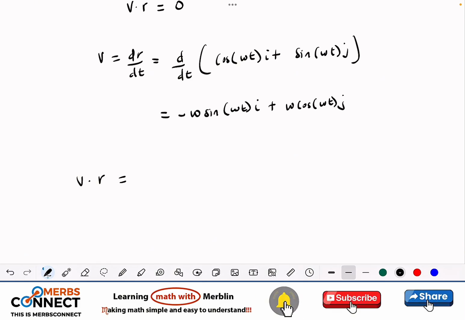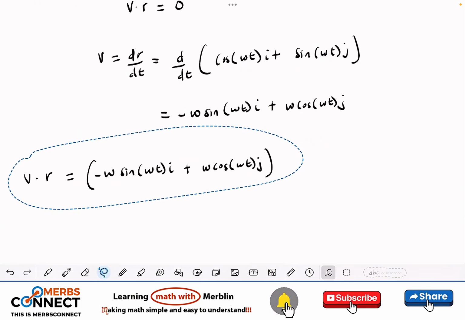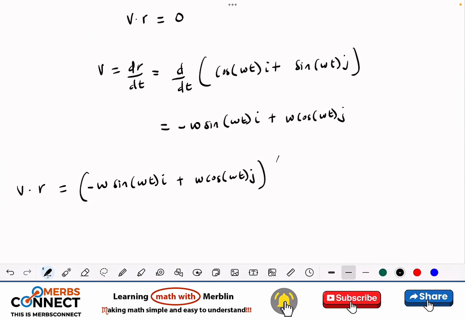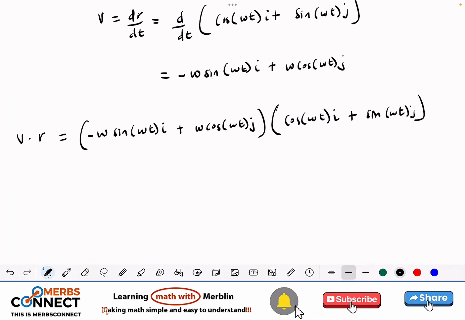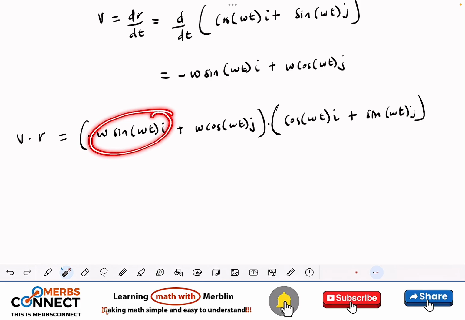So Vn is minus omega sine omega t i plus omega cos omega t j, times r. r is cos omega t i plus sine omega t j. So let's do the multiplication. So we know how to do dot product, right? We multiply directions. So these are the bases from there. So I'll multiply this one to this.